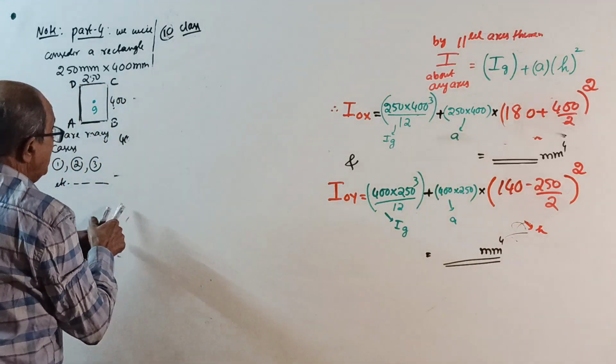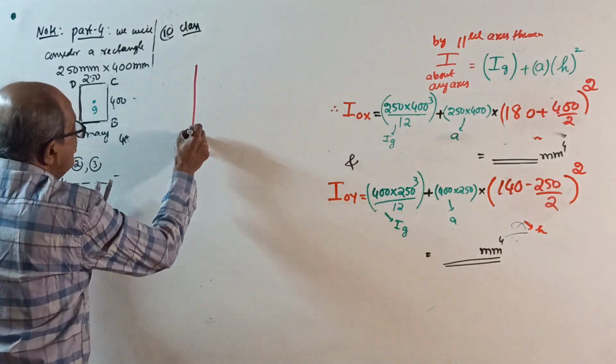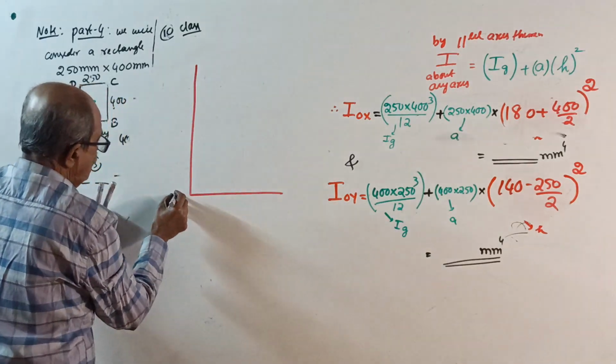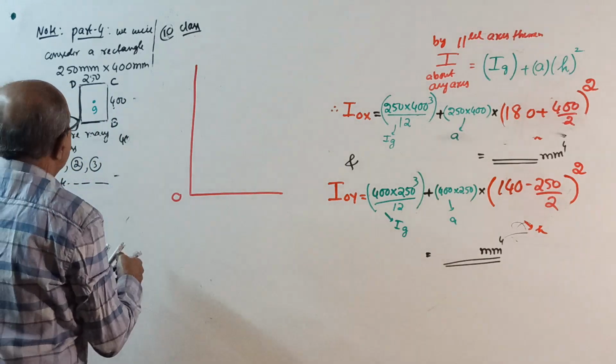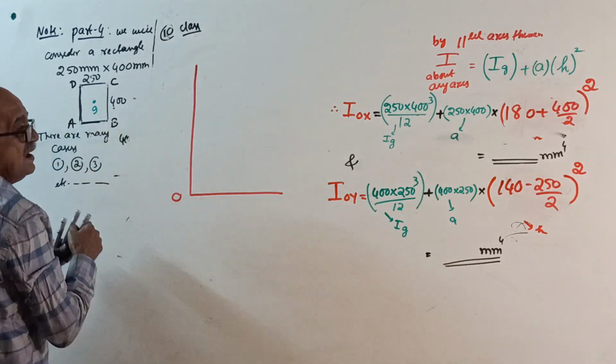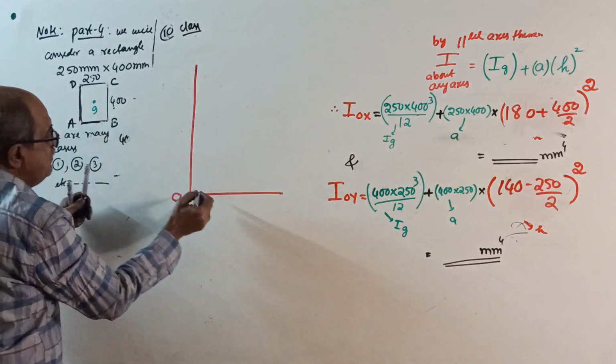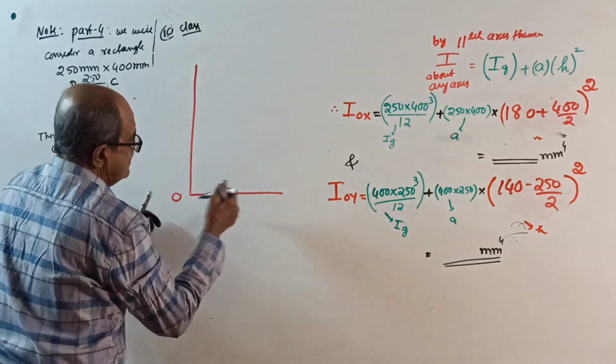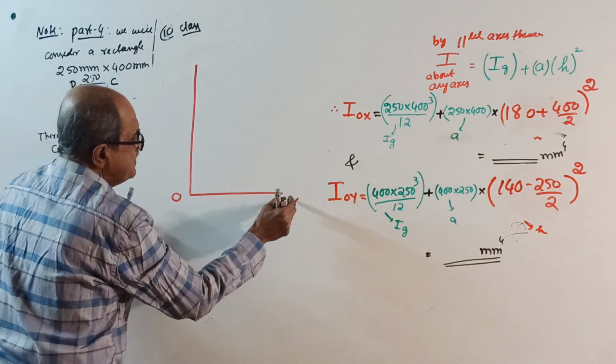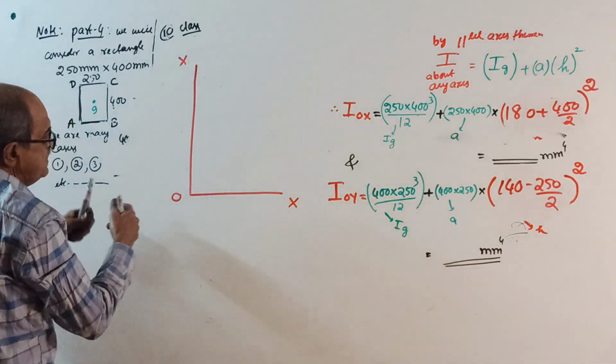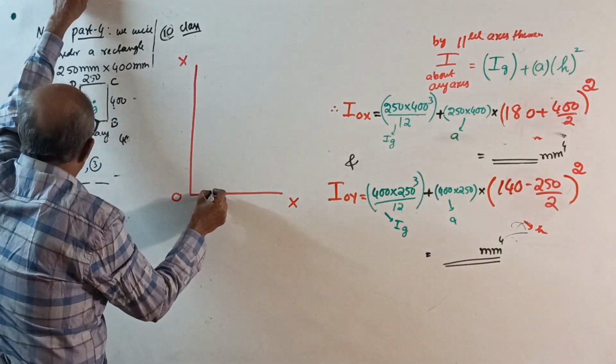The rectangle is placed, see, OX, OY, O, with bottom edge AB touching OX. See, I am covering each and everything. Bottom edge AB touches OX.